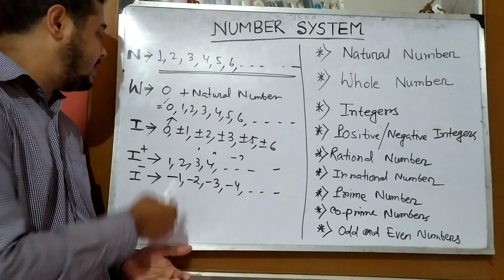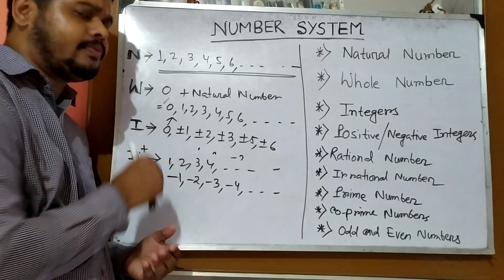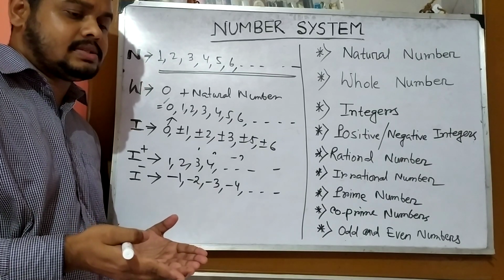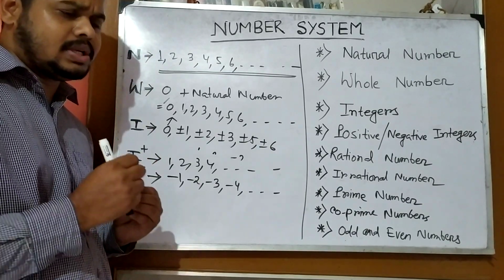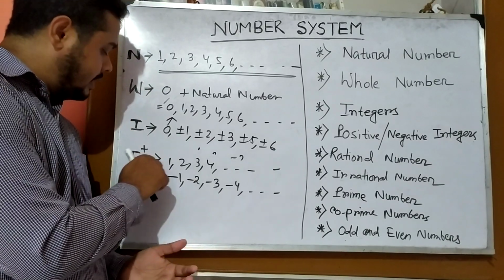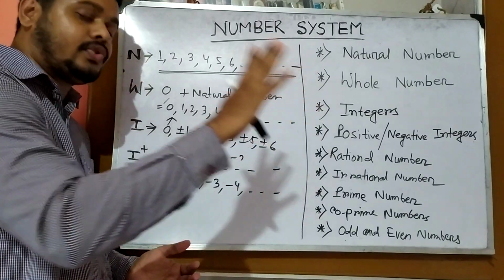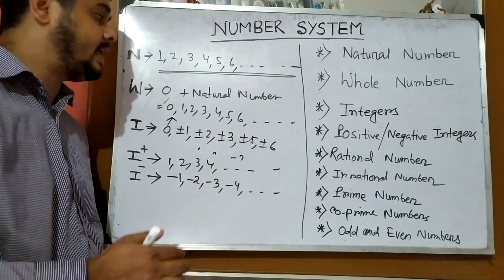But in our India, 0 is considered a whole number. So there is a little bit of contradiction. Right now you can neglect that. Positive integer means 1, 2, 3, 4, 5, like that, and negative integer means -1, -2, -3, like that.